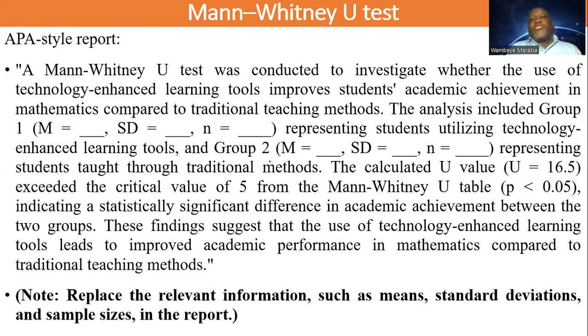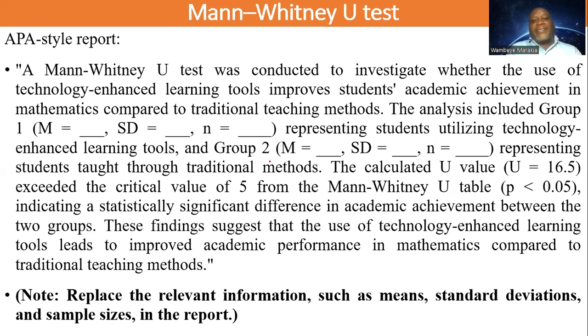The calculated U value, which was 16.5, exceeded the critical value of 5 from the Mann-Whitney U table at P less than 0.05, indicating a statistically significant difference in academic achievement between the two groups.